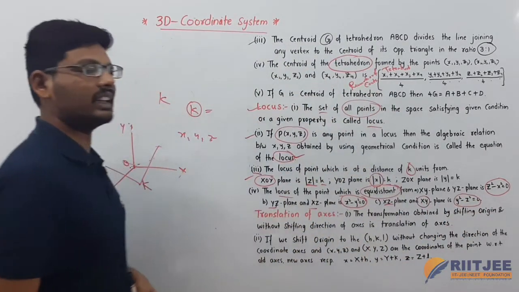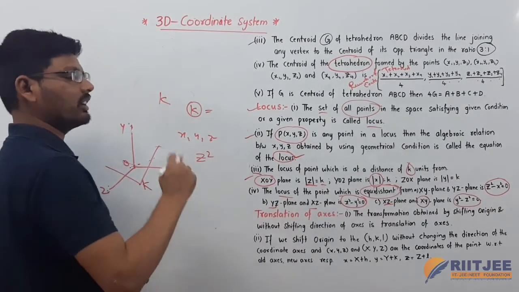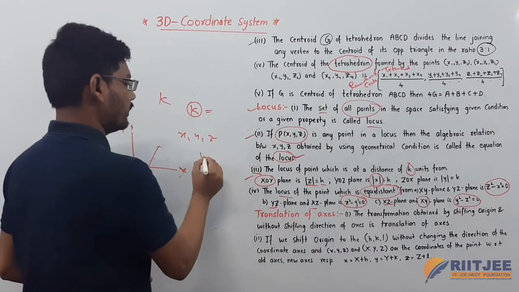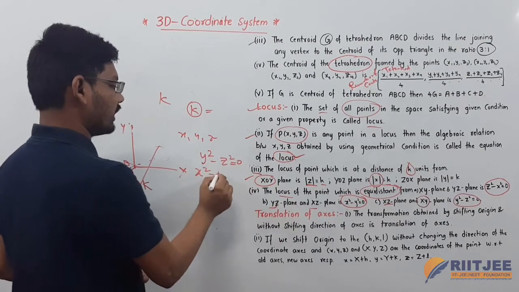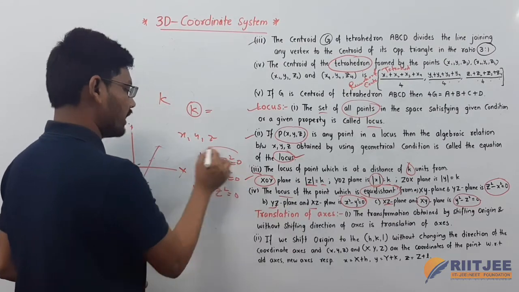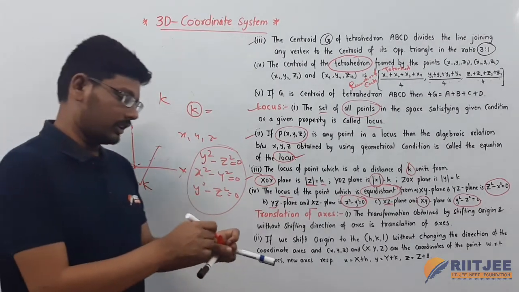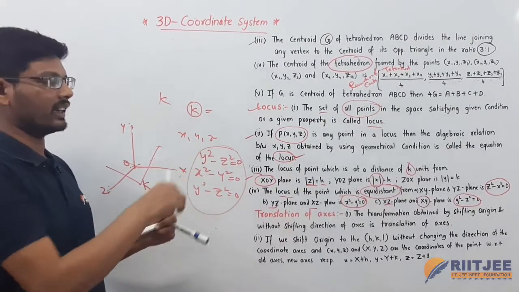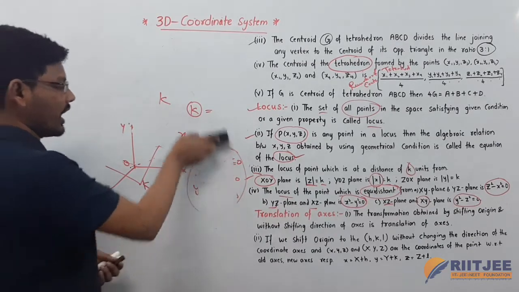These are the three formulas to remember: y square minus z square is equal to 0, x square minus y square is equal to 0, and z square minus x square is equal to 0. Here we have three equations, three conditions for a point equidistant from two planes of a 3D coordinate system. The next topic is translation of axes.